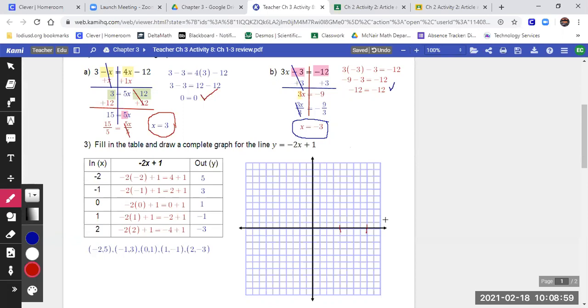So my x's, which I have to label for tomorrow's quiz, are going out to 2. And then whatever I do on the right side, I have to do on the left. So 1, 2, 3, 4. There's 1. 1, 2, 3, 4.